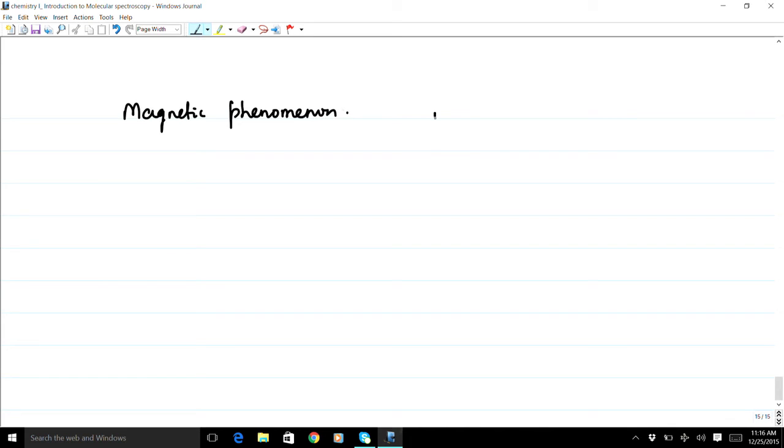So, magnetic moments of nuclei are tabulated for a large number of molecules, and they are given by a factor, a property known as the gyromagnetic ratio. It is usually written by the symbol gamma.